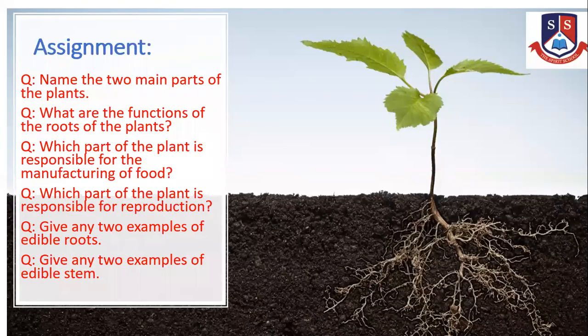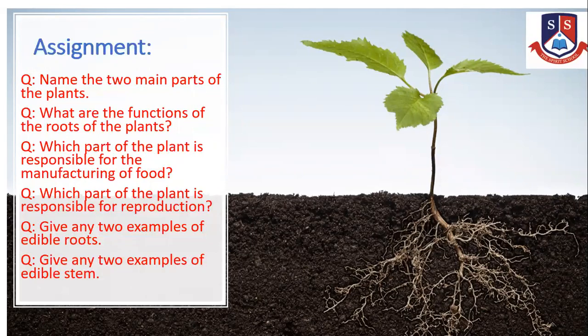So here is an assignment. Write the answers of the following questions in your notebook. Question 1, name the two main parts of the plant. Question number 2, what are the functions of the roots of the plants?